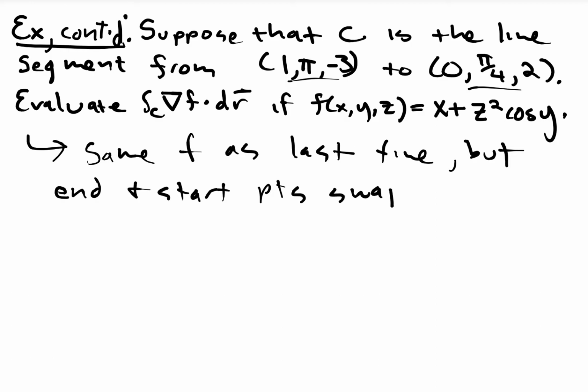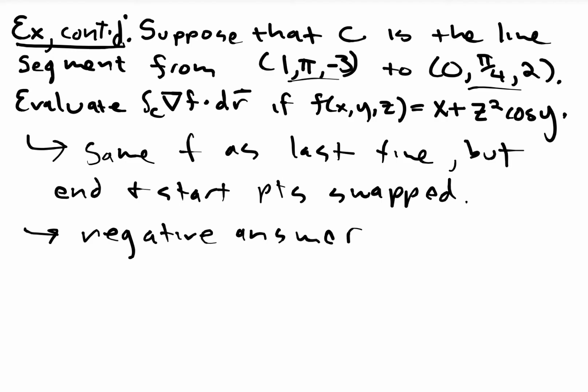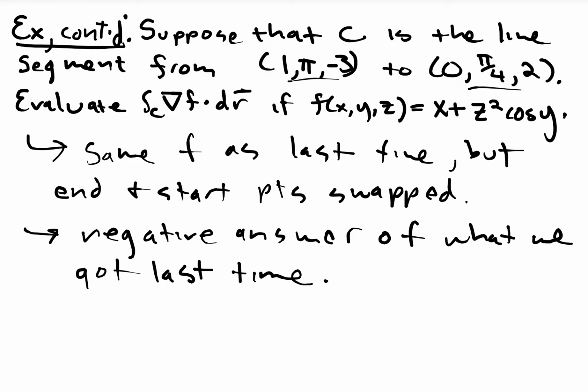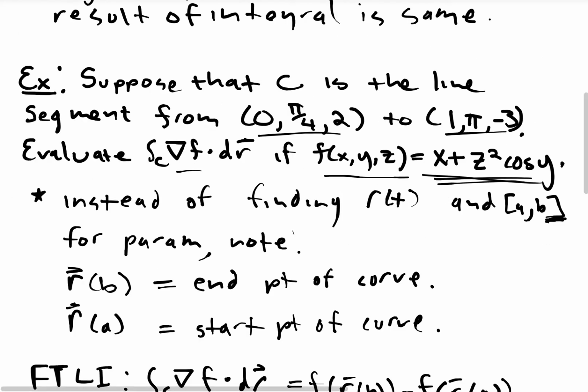Now, what did I just say happens when we know that that's the case? Well, you're going to get exactly the negative answer from last time, okay? So the negative result of what we got last time. And just for reference sake, I'm going to go ahead and flip back to the last slide and pull that up.